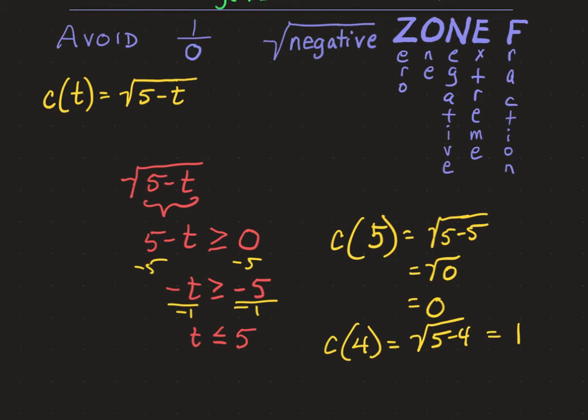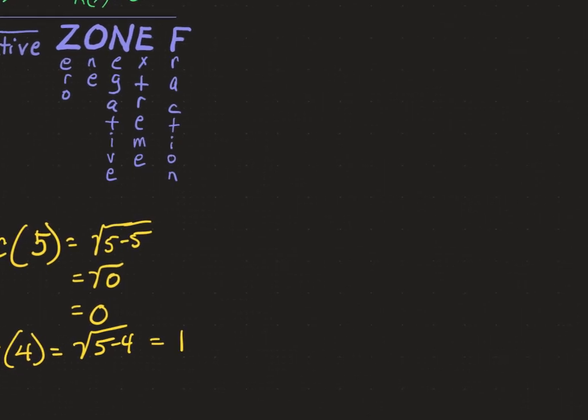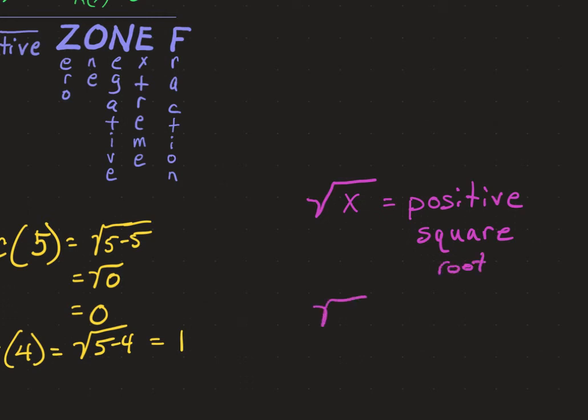Okay, here's another aside we need to talk about. Whenever you see a square root sign, it means the positive square root of whatever you are working with. I know some of you are saying, wait a minute, that's not true, because the square root of 25 has two answers. It's 5 or negative 5.